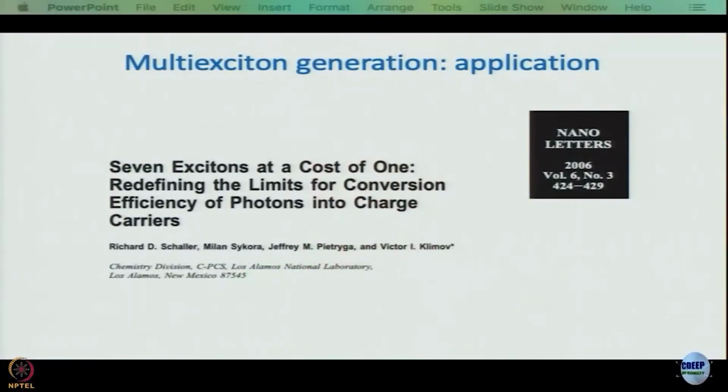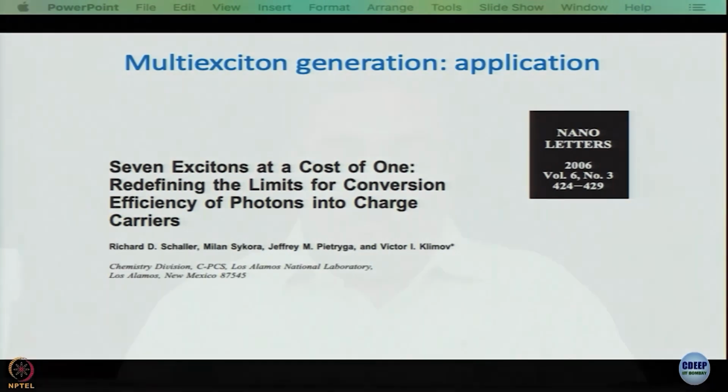And in fact, that is what was shown by Klimov and co-workers in this nanolators paper that has really made an impact in the field. The title itself is such that you have to read the paper if you read the title. 7 excitons at the cost of 1, redefining the limits for conversion efficiency of photons into charge carrier.